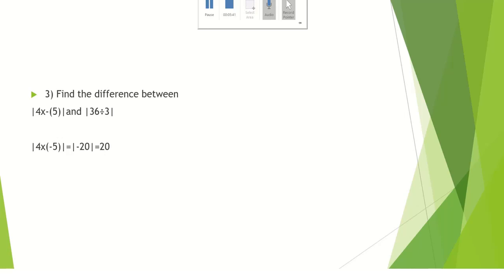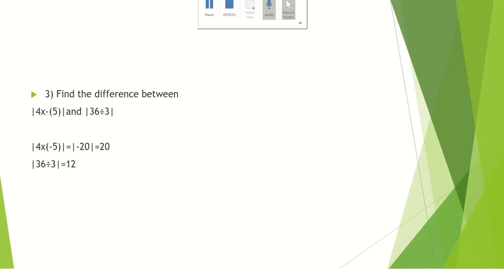Here, 4 into minus 5 is equal to minus 20. Modulus of minus 20 is obviously positive 20.